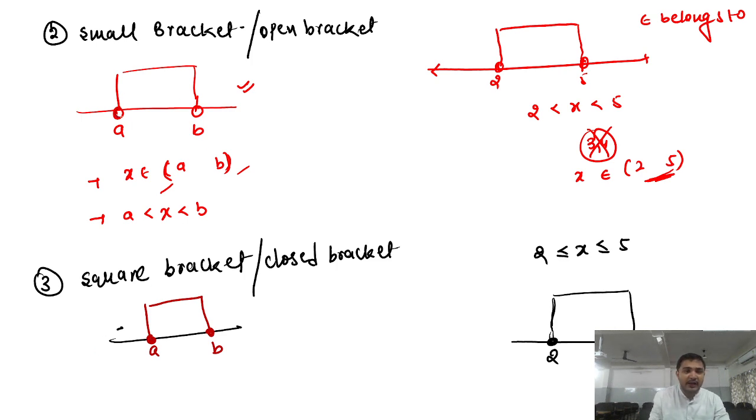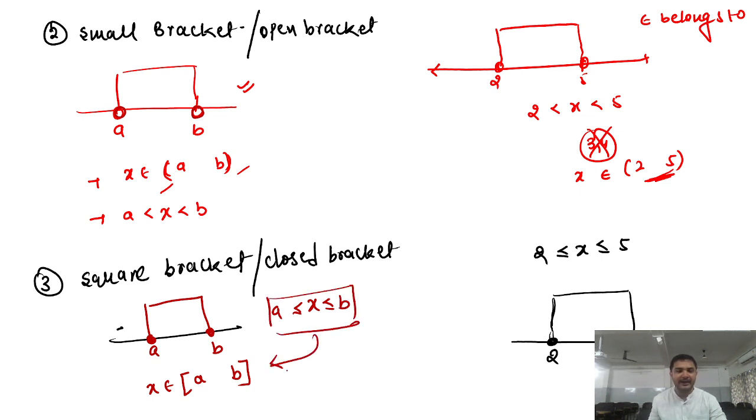If it is not included, I'll be using holes, right? Holes likewise. So here if I'm using dot, x belongs to what? Closed interval a to b, right? That a and b are also included. Or clearly you can say x is greater than equal to a and less than equal to b. That is what it is representing over there, right? I hope you understood what exactly small bracket and closed bracket refer to.